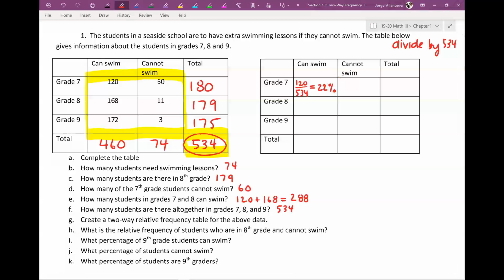Now, to find out the percentage that can swim in grade 8, I'm going to do 168 divided by 534. Okay, so I'm dividing. Let me change the color for my answers here. 168 divided by 534 is 31%. If I get 172 and divide it by 534, I'm going to get 32%.